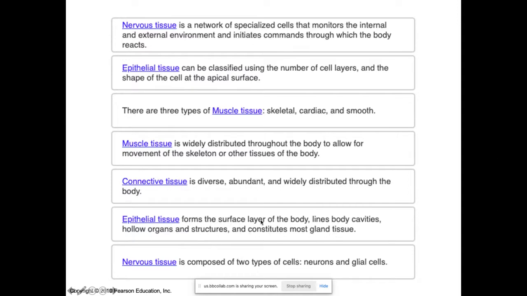So when it says it's found throughout surface layers of the body, that means we're going to see epithelial tissue around the skin, especially the epidermis. When it lines body cavities, well, that means we're going to find it around the heart and around the lungs and around the digestive tract. Everywhere we have a cavity, like the peritoneal cavity that we learned about, the cardiac cavity, and the pleural cavity.